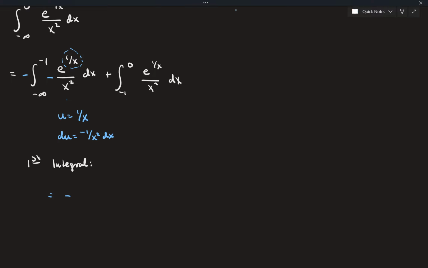I'm going to do it in another color. Integral, x goes to negative infinity and x equals minus 1. I'm specifying because I'm not changing my bounds. And I have e to the u, and then the x squared on the bottom, and the dx goes away and becomes du.